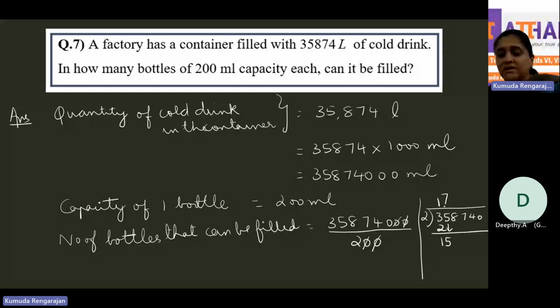Correct? 0. Then 7 comes down. So 3s are 6. Correct? 1 is the remainder. 4 comes down. 7s are 14 and then 0. 179,370.